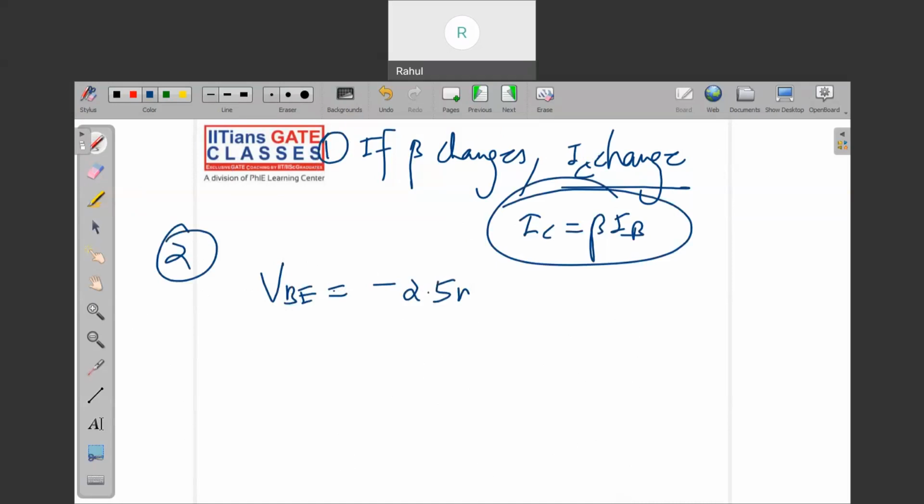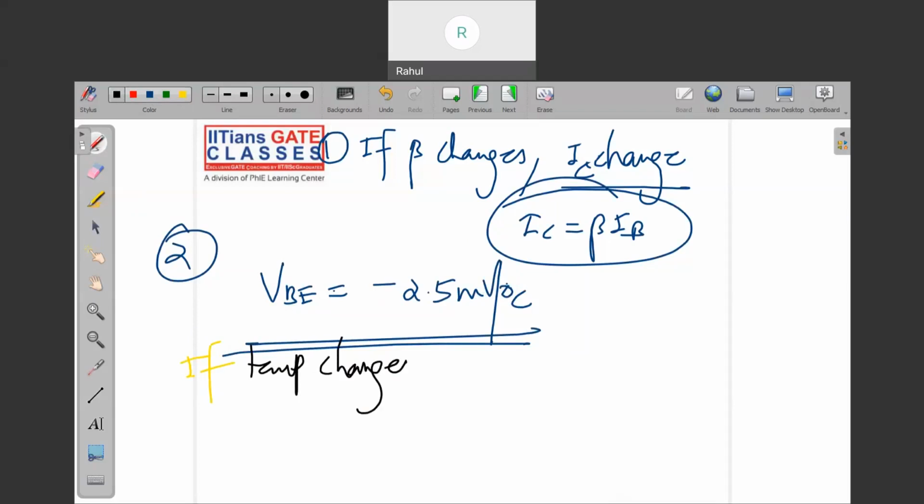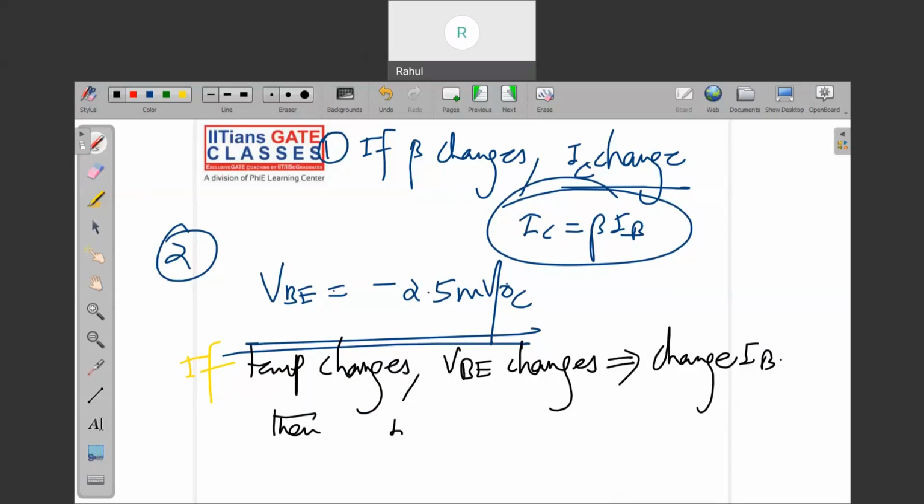If the temperature changes, VBE changes, and this will change IB, and if IB changes, then IC will change.